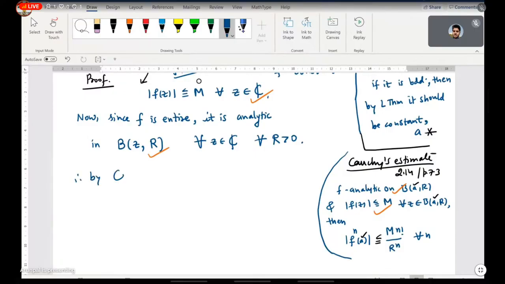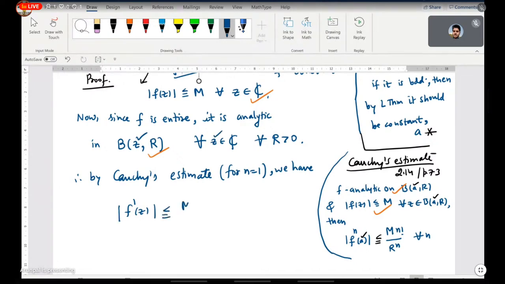Therefore by Cauchy's estimate, for n equal to 1, we are going to apply Cauchy's estimate. What would we have, class? f dash at z, because our center is any arbitrary z, and its modulus is less than or equal to M upon r. Is this okay, class? Yes, sir. All right.